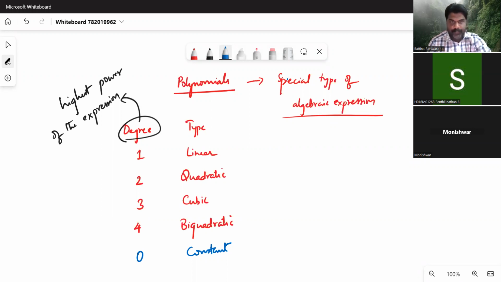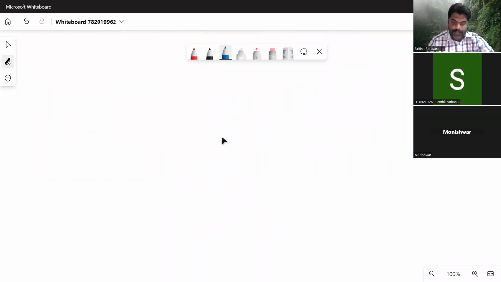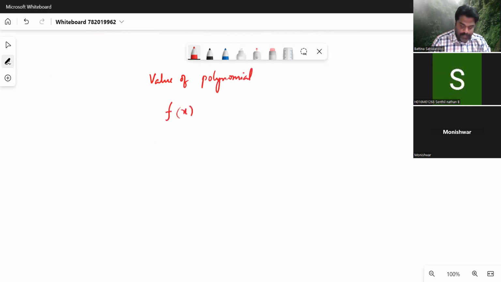Next. Now you have something called value of polynomial. So for example, let us say f of x is equals to 2x. I want to find the value of this polynomial at x is equals to 2.